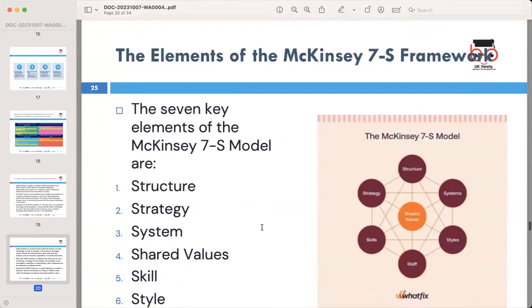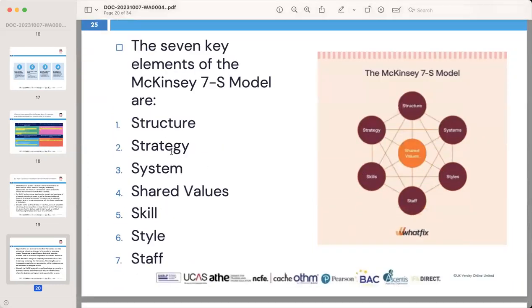Again, the elements of the McKinsey 7S framework. We discussed that the seven key elements are structure, strategy, systems, shared values, skills, style, and staff.